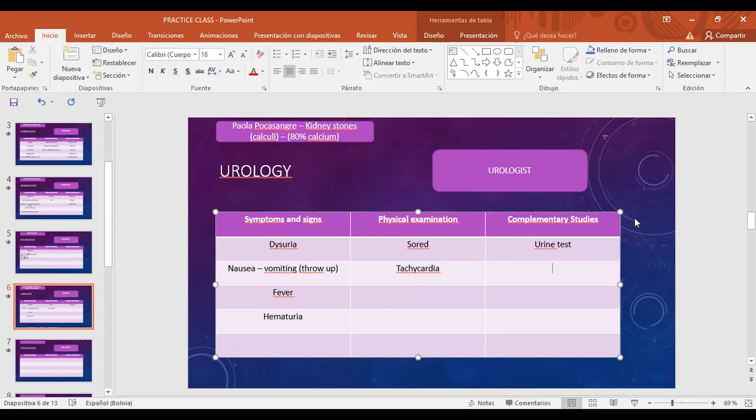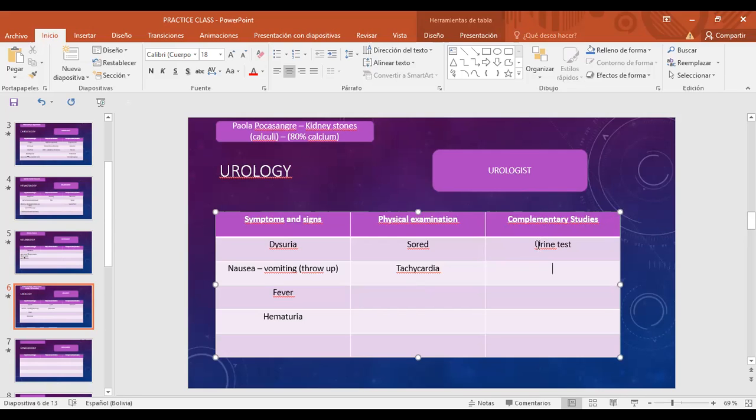However, do you know the meaning of complementary studies for the diagnosis? Okay, a complementary study is some kind of study that would help you to get to a diagnosis.